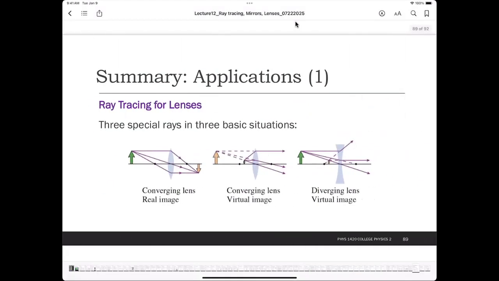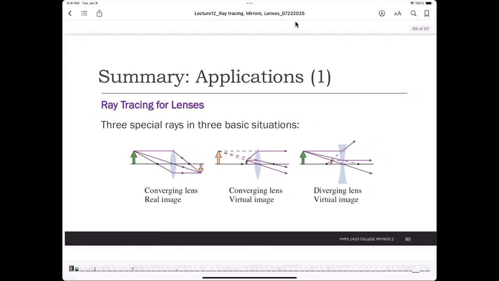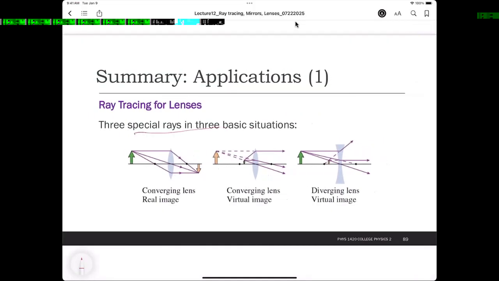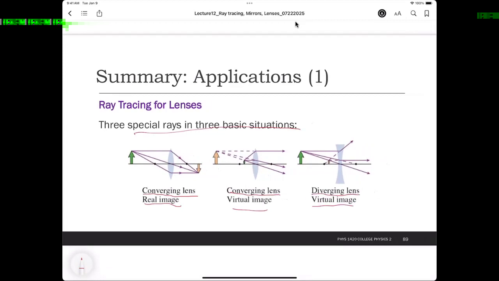And these are 3 special rays in 3 basic situations. The converging lens, this is for the real image. This is the converging lens for the virtual image, and this is the diverging lens for the virtual image.